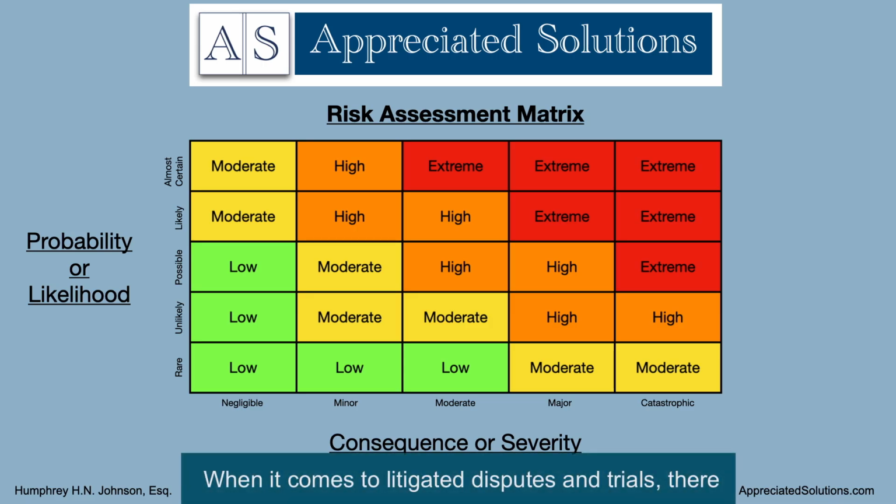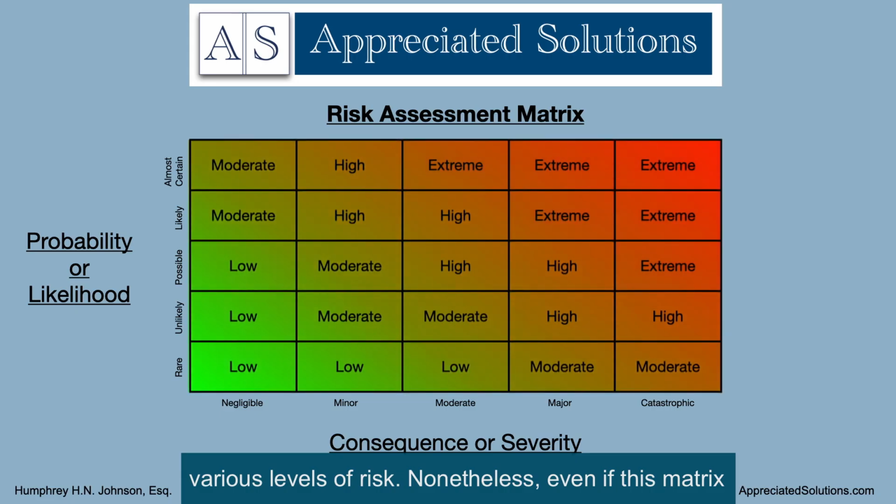When it comes to litigated disputes and trials, there is a huge array of variables that can impact the probabilities and consequences of any given occurrence, and this inevitably blurs the lines between various levels of risk. Nonetheless, even if this matrix doesn't allow us to be quite as precise as avalanche forecasters, it still provides us with a useful tool for assessing risk and predicting probable results.